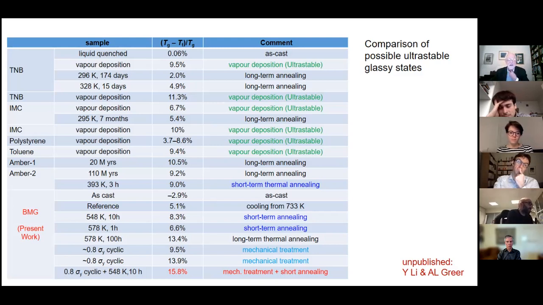especially when you consider that this total treatment might have taken some hours, which if you compared with how long you'd have to anneal, say, or how slow you'd have to cool the liquid to achieve the same state, is a factor of roughly 10 to the 9 difference in time scale. So it appears to be the most tremendous acceleration by some mechanism as a result of that hydrostatic tension.